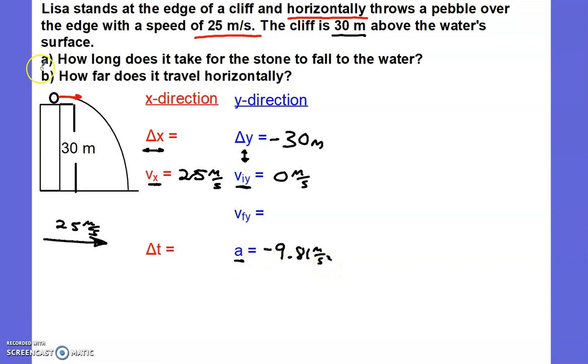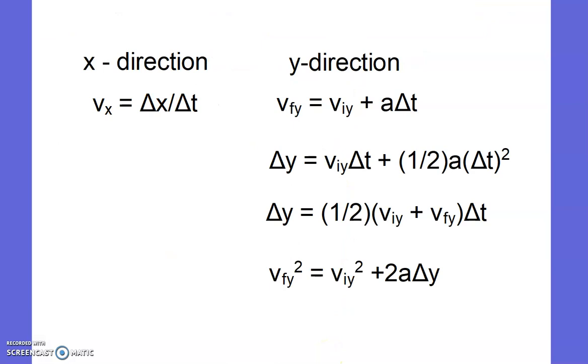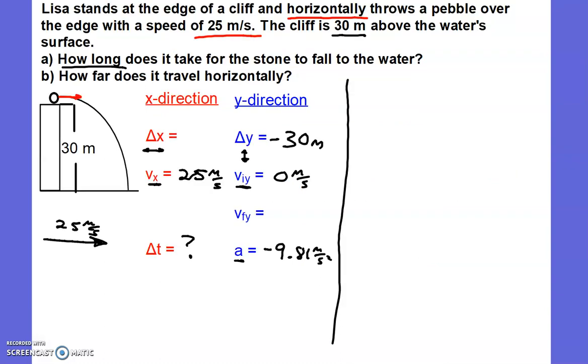Now for part A, it asks how long does it take the stone to fall to the water? That is asking for a time. So we're going to go to our equations, and we need an equation that has time in it. I see that there are four possible equations. So this one is out. Now in order to solve for the time, we need to know everything else in the formula. The only other things that can be in the formula are Vx, delta y, Viy, or a.